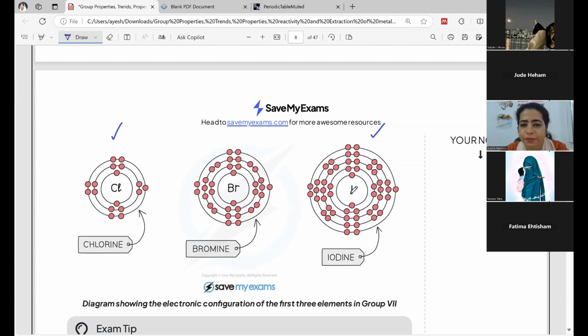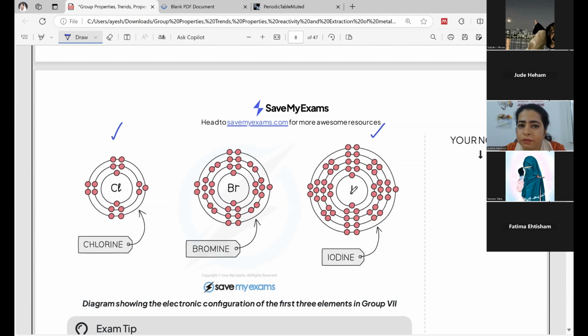Yes, Jude. So Miss, as Mariam said, it will be the reverse. Their reactivity is stronger at the first element, and then as it goes down, the reactivity becomes lower. The reason is the reverse of the metals, because metals are losing the electron.